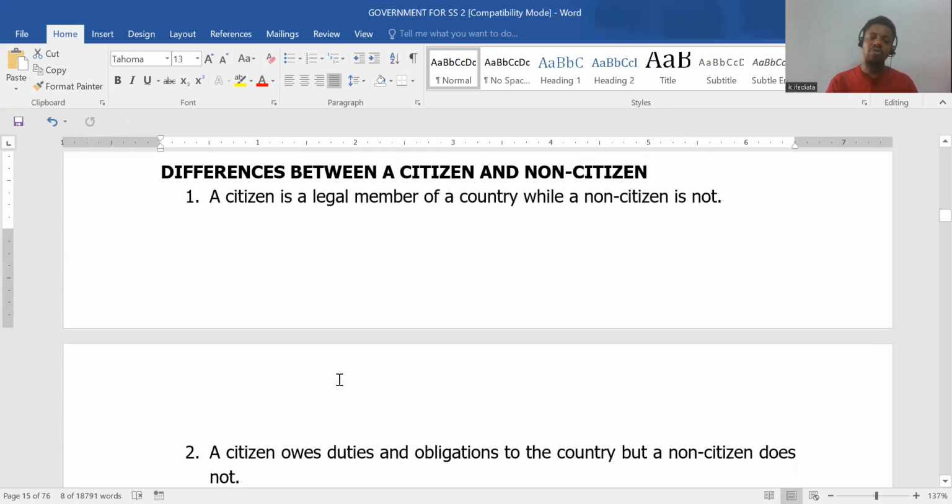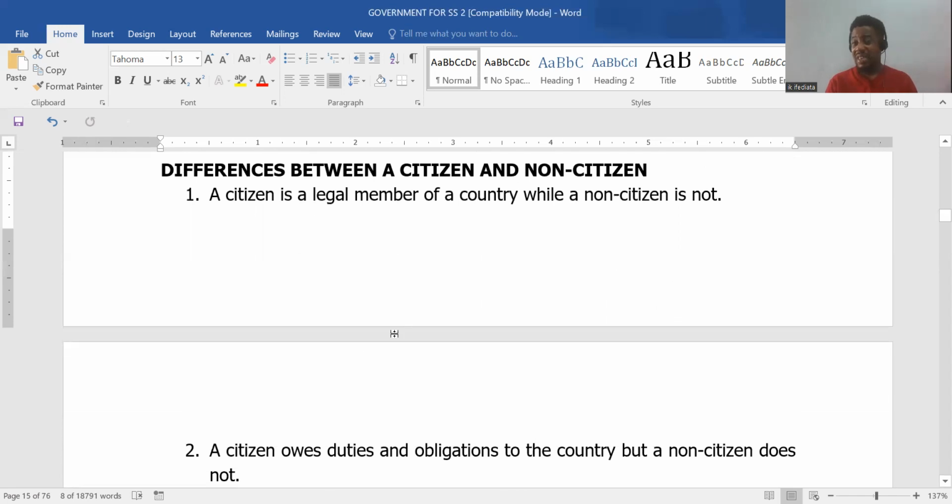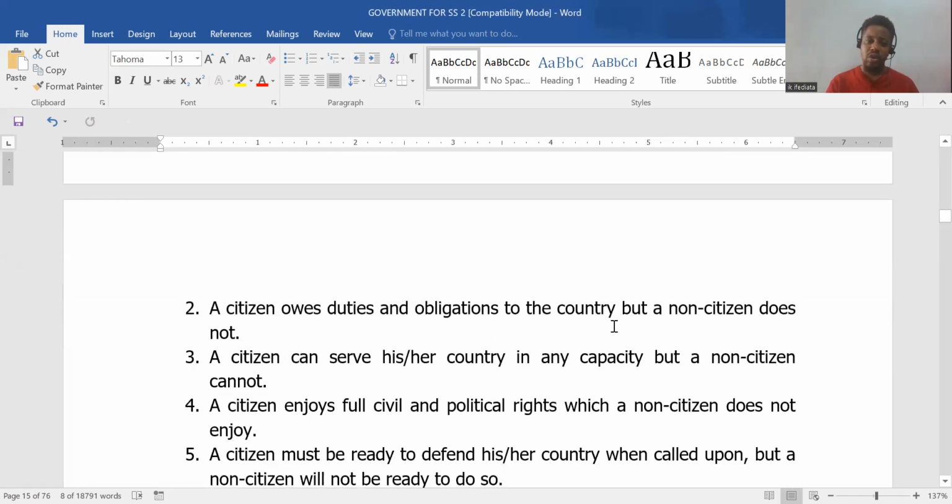Now, what's the difference between a citizen and an alien? A citizen is a legal member of a sovereign state, while an alien is someone who doesn't have that status. So a citizen owes duties and obligations to his country, but a non-citizen or an alien does not. A citizen can serve his or her country in any capacity, as a president, as a governor, as a local government chairman.